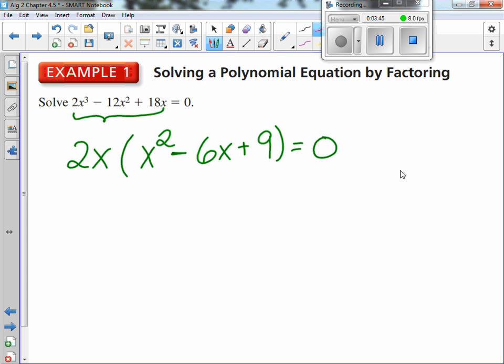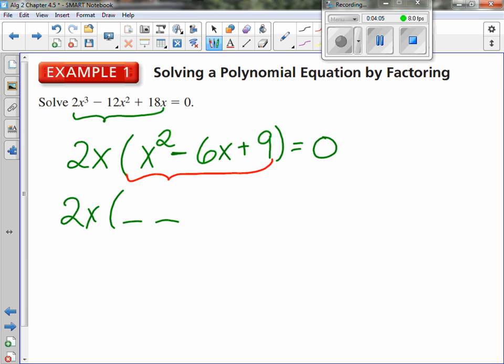Any questions on how we factored this out, our first step? Okay. Now I can see that I have this quadratic here, x squared minus 6x plus 9, and we can see if we can factor that. Because it is a quadratic, a degree 2, we can do our two sets of parentheses.